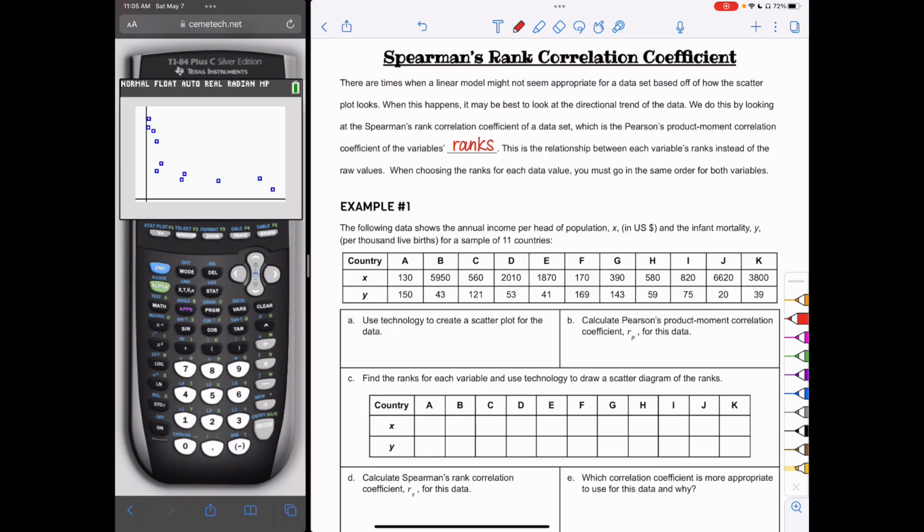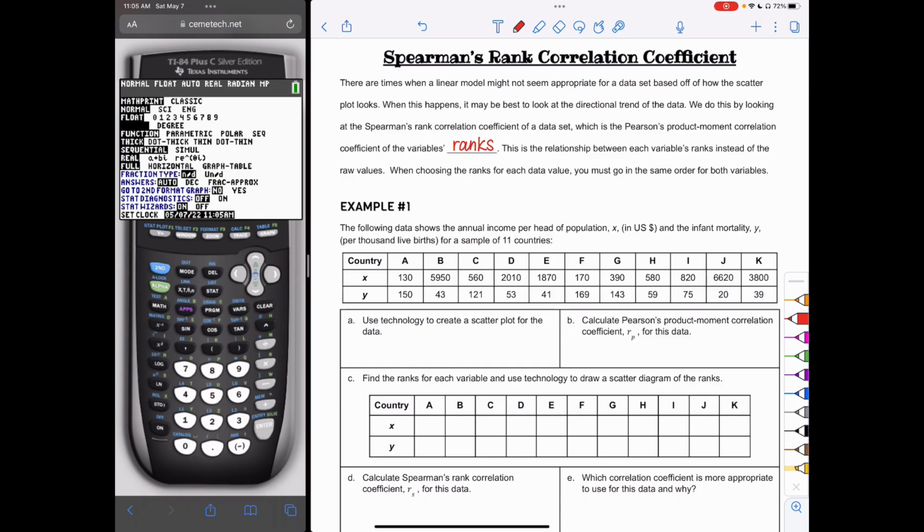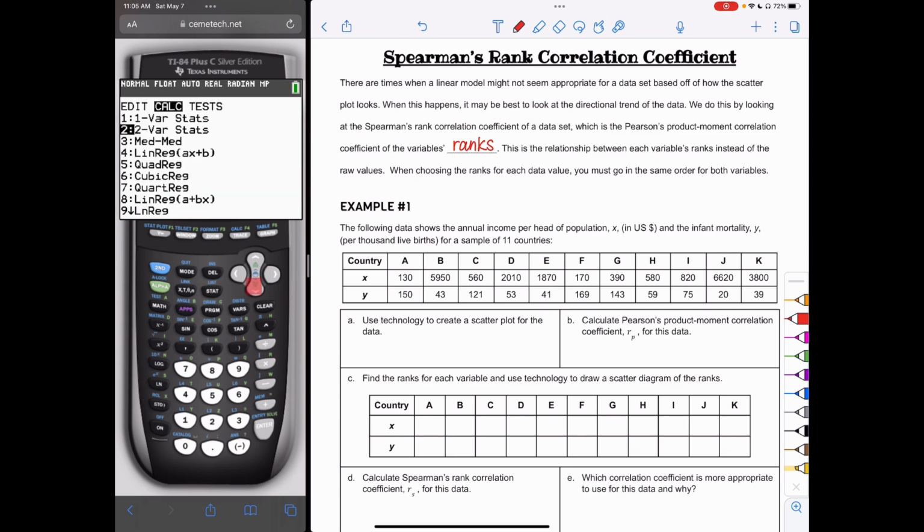So in part B, they want us to calculate Pearson's product moment correlation coefficient for this data. I'm going to first go to mode and turn my stat diagnostics on. Then I'm going to press stat, go over to calc and go to number 4, LinReg(ax+b), and then press enter.